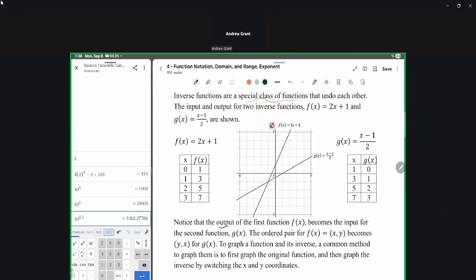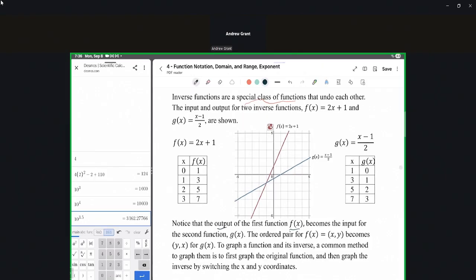Notice that the output of the first function, f of x, becomes the input for the second function. The ordered pair for f of x is normally x comma y, and it becomes y comma x for g of x. To graph a function and its inverse, a common method is to first graph the original function and then graph the inverse by switching the x and y coordinates.